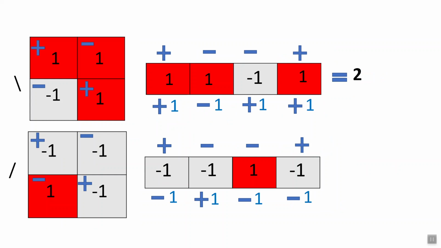For the bottom, plus of -1 is -1, minus of -1 is +1, minus of 1 is -1, and plus of 1 is -1, so the total value is -2. So the computer could actually tell a poorly drawn backward slash from a forward slash. That is pretty good, that is something we want from our classifier, to be robust.